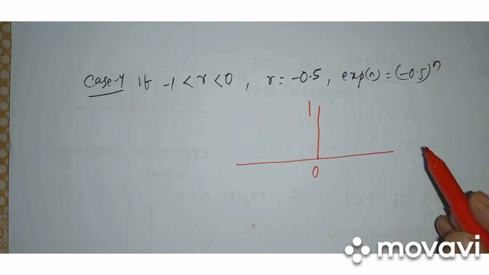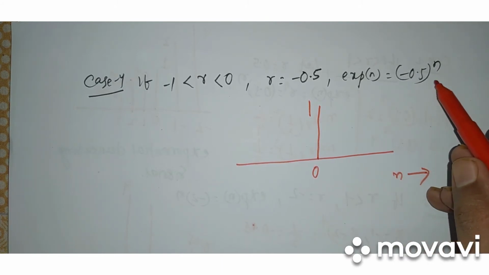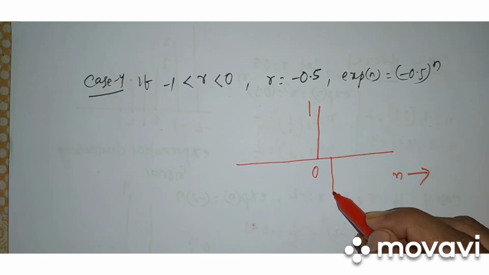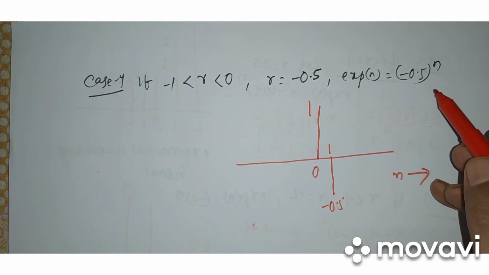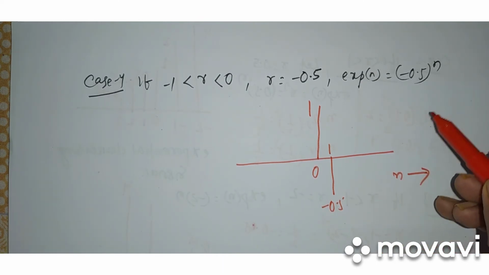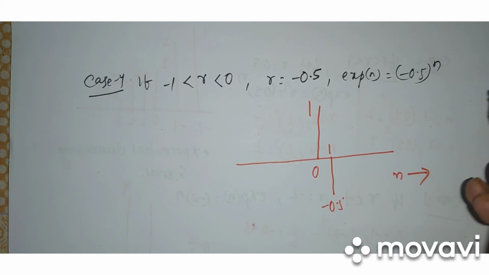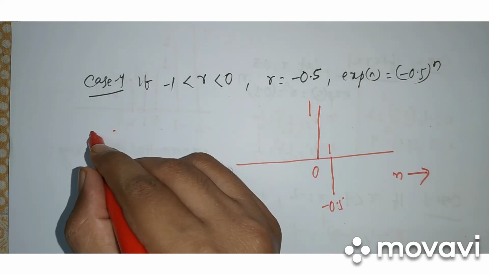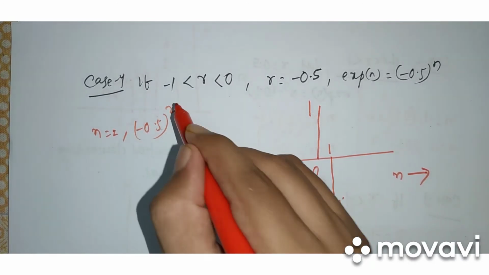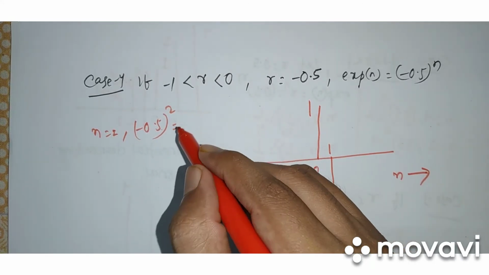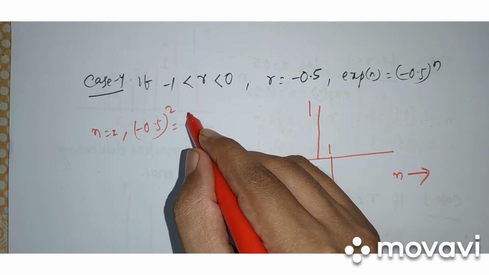Okay, these are the n values. Now when n equals 1, minus 0.5 to the power 1 is minus 0.5. When n equals 2, minus 0.5 to the power 2 is 1 by 4, yes or not?